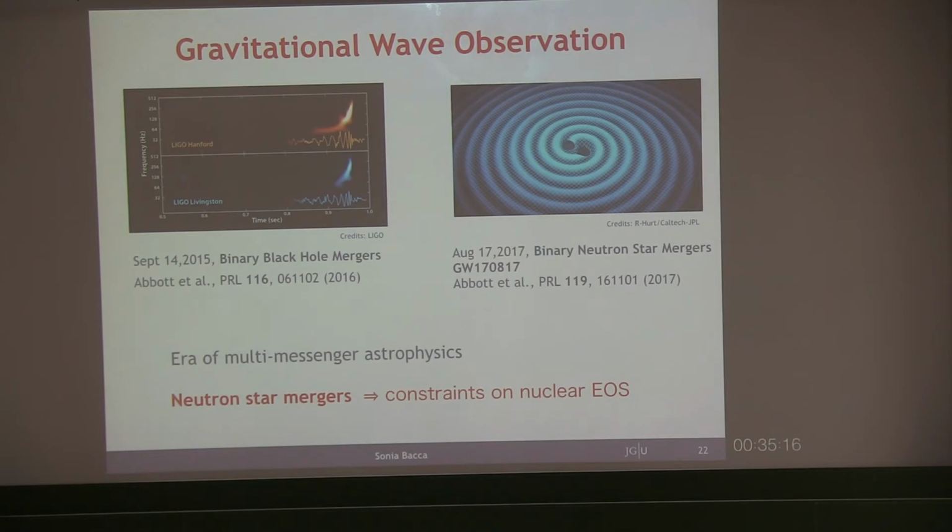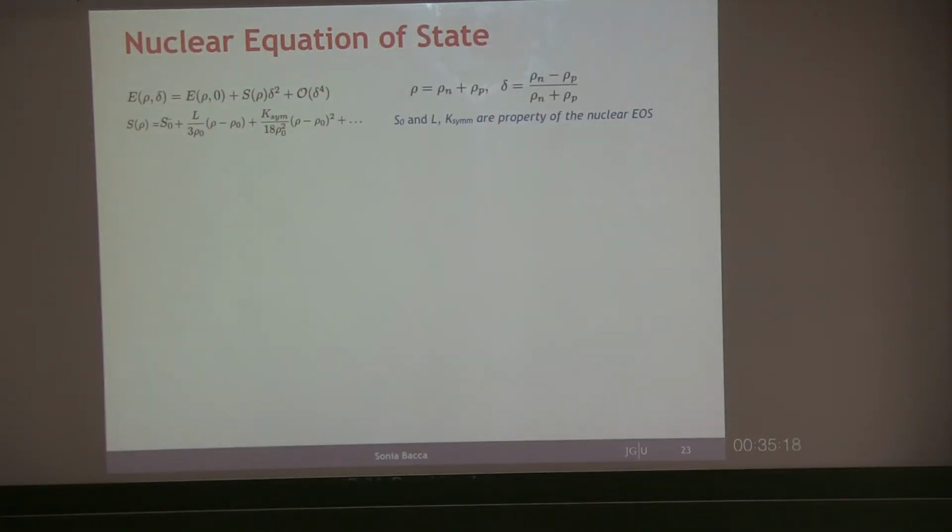What is that? This is nothing else than basically the energy per particle of an infinite system where you have a slight imbalance between proton and neutron, that is this delta. And you can expand this in delta in a Taylor expansion if you want. And then you can expand the coefficients in front around saturation density.